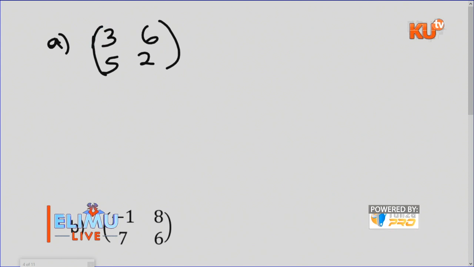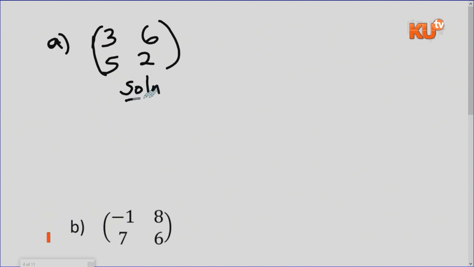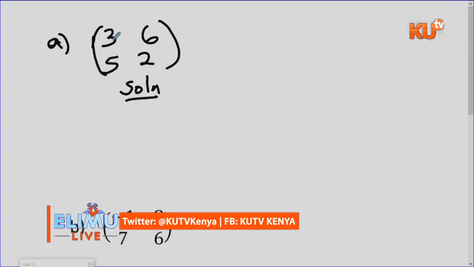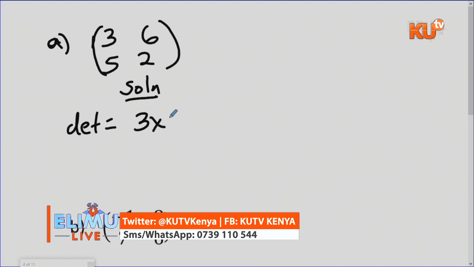We shall solve this using the elements in the leading diagonal, which are 3 and 2. So our determinant is equal to 3 times 2. And then the other diagonal has the elements 6 and 5, so we subtract 5 times 6.